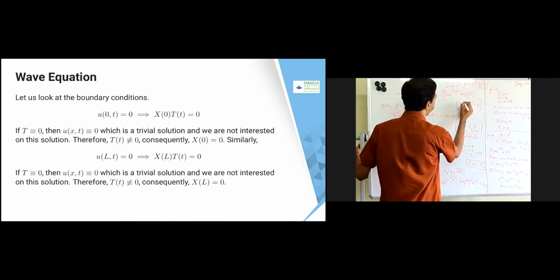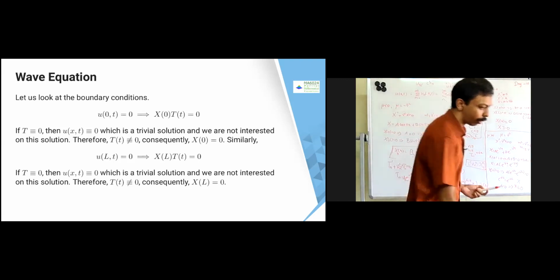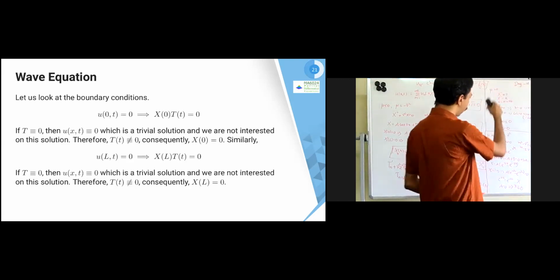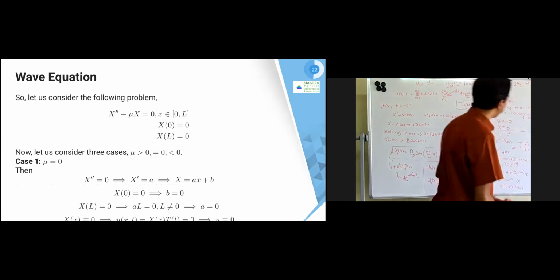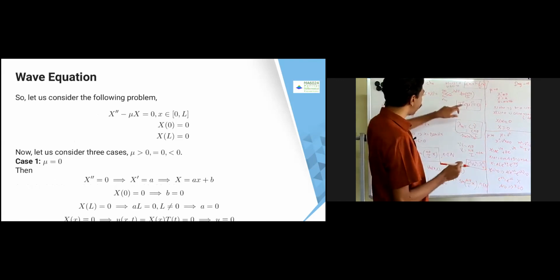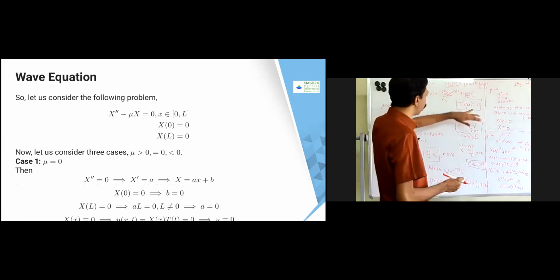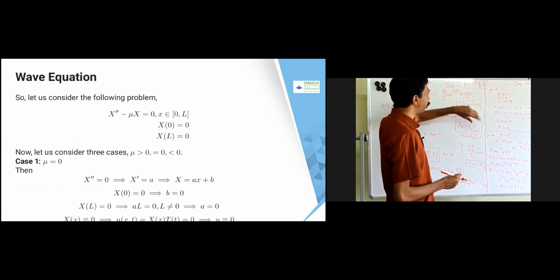Another is T double dash minus c square mu T equal to 0. Once again you will do the same kind of things. If you go through my notes, the same things will come. The only change is that here we get T double dash minus c square mu T equal to 0. The rest are all the same.